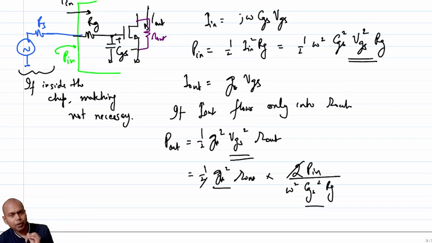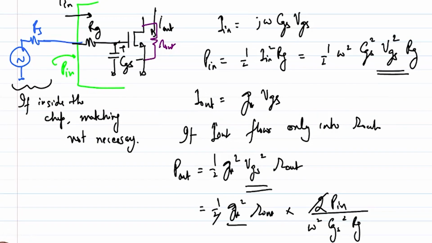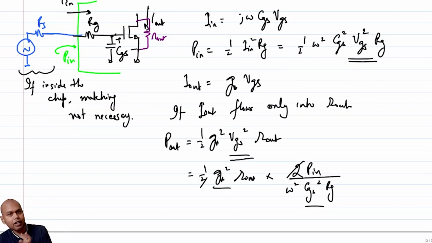But because of the presence of RG, you are going to get a power gain only till a finite frequency. And what is the intuition behind that? Because of this RG CGS capacitance, firstly, the voltage that is going to drop across the CGS is going to decrease as you keep on increasing frequency.